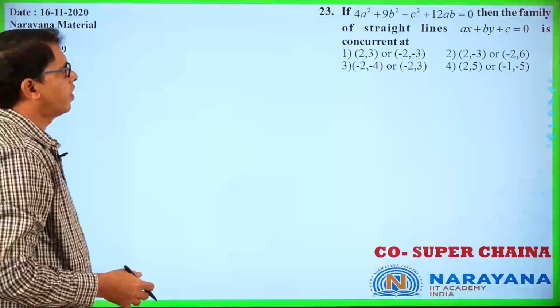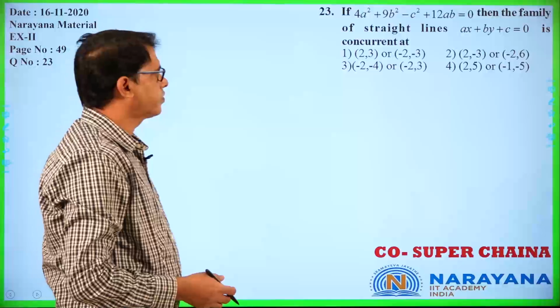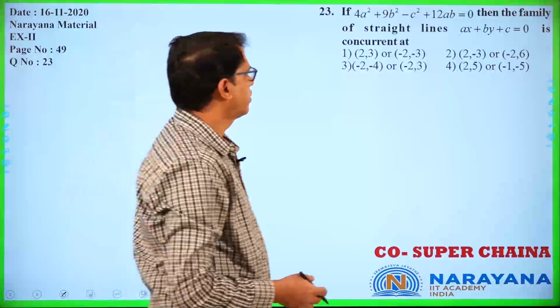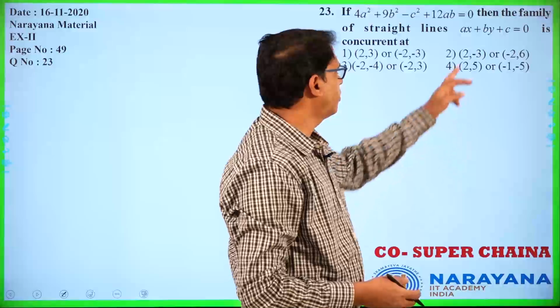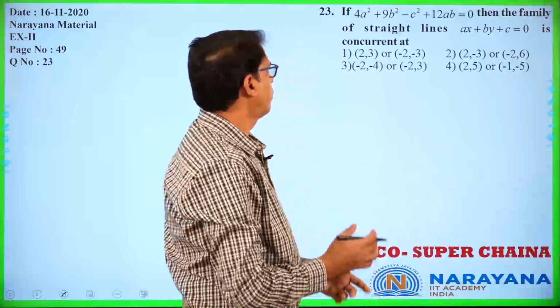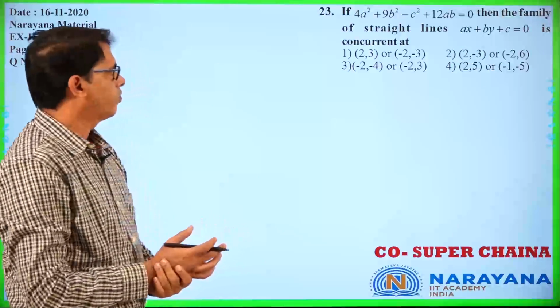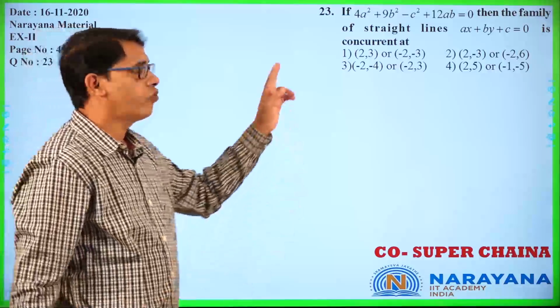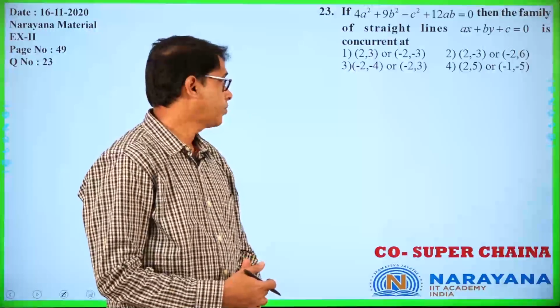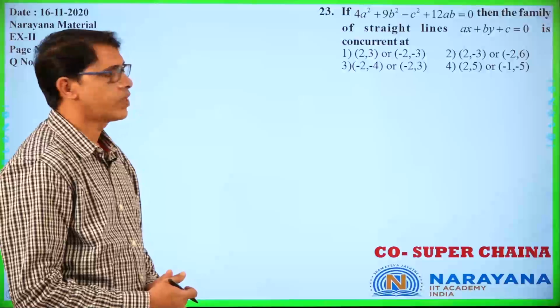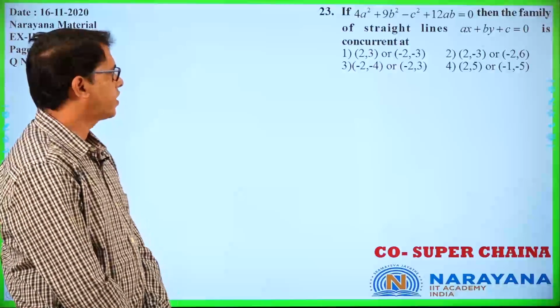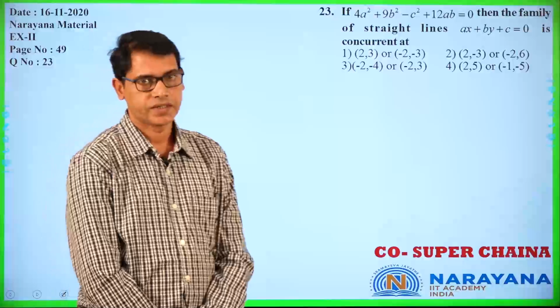See, again a condition is given for a family of straight lines, and we must find the point of concurrency. Now, if 4a square plus 9b square minus c square plus 12ab equals 0, then the family of straight lines is concurrent at what point?